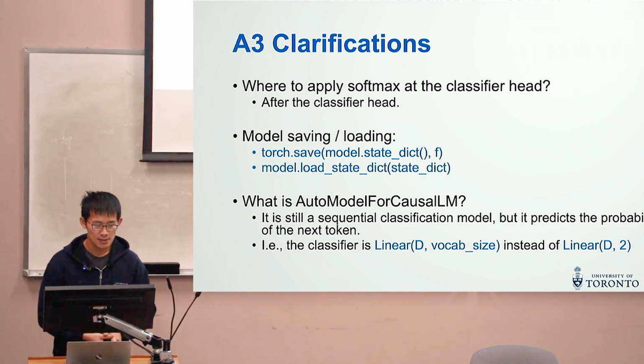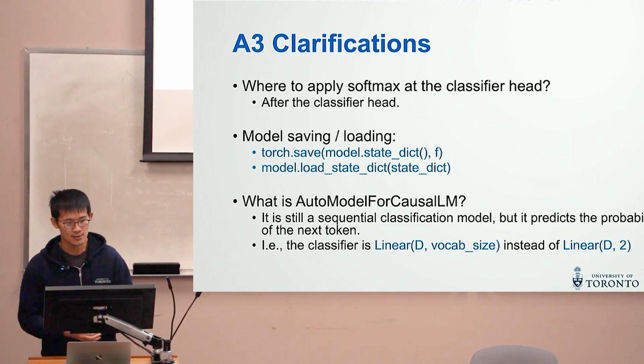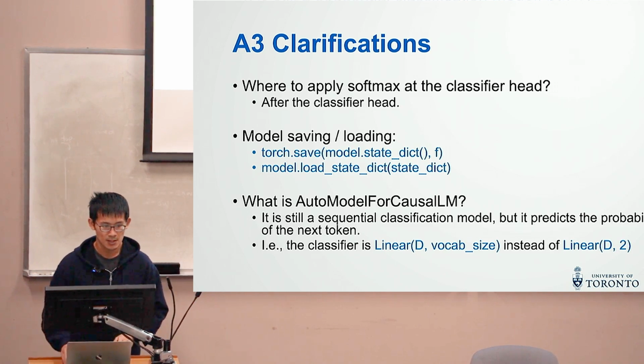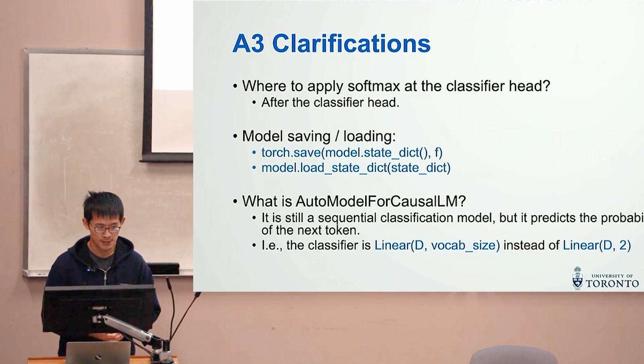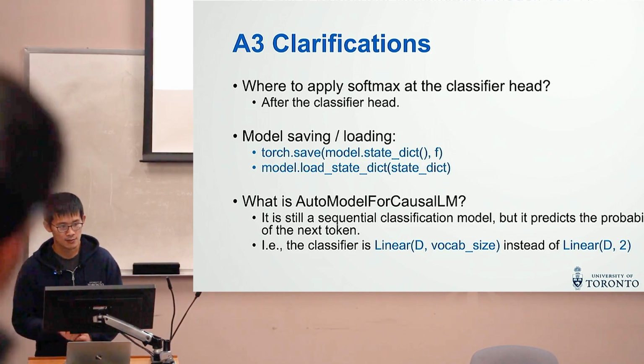But the linear head of the auto model for causal language model takes in the output of all the tokens and projects it to some probabilities. So you are able to see a three-dimensional output: the batch size, sequence length, and the vocabulary size.